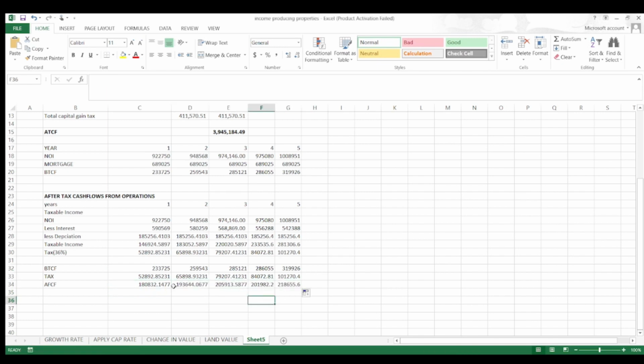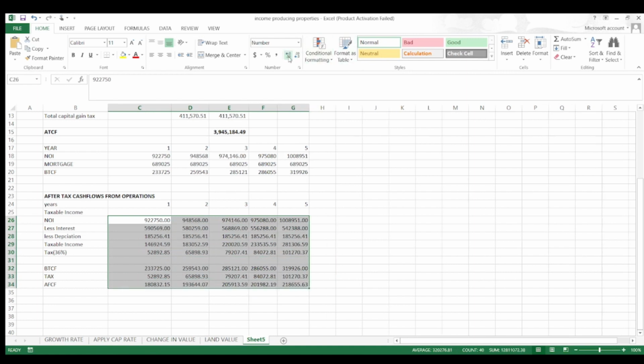Now we have the after tax cash flow for each particular year. Now we can also highlight this and have them with the same decimal points for better clarity. Now this is the after tax cash flow from operations.